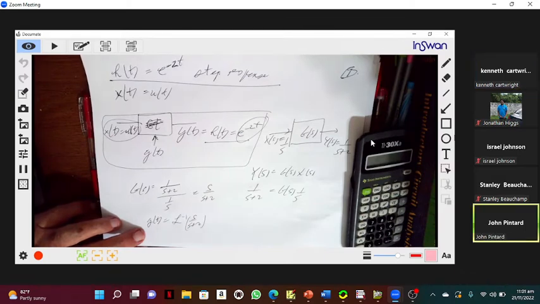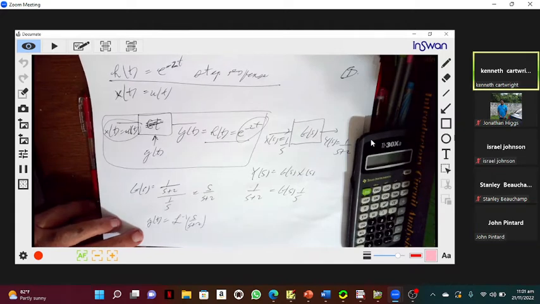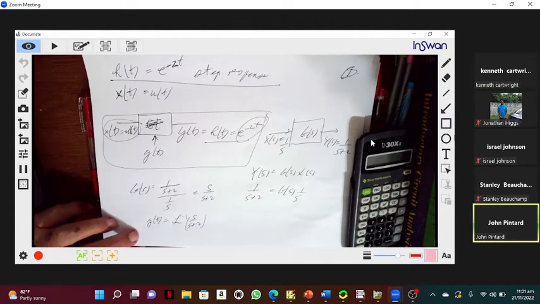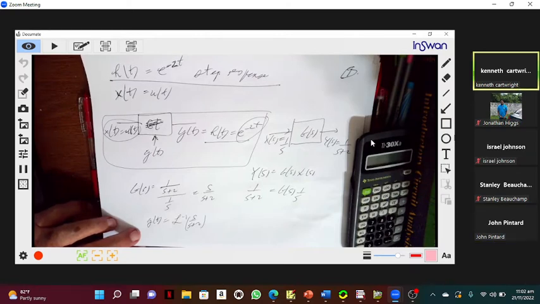Excuse me? You're asking what the inverse Laplace is of G of T? I'm not asking what's the inverse Laplace of G of T. I'm asking what is the inverse Laplace of S over S plus 2? Because G of T is the inverse Laplace of S divided by S plus 2.